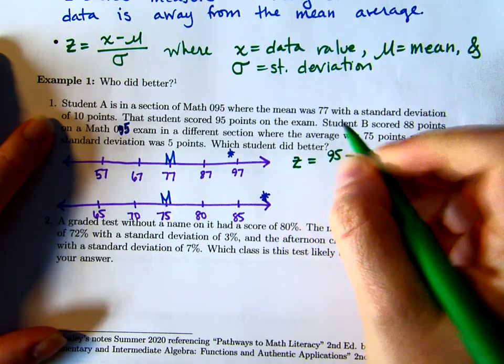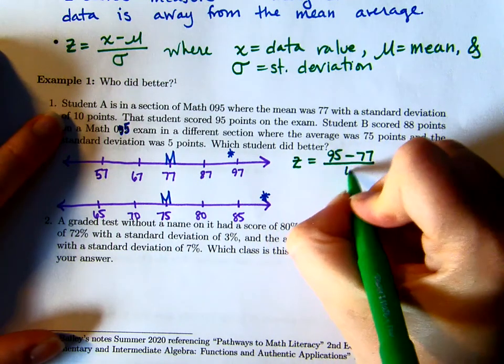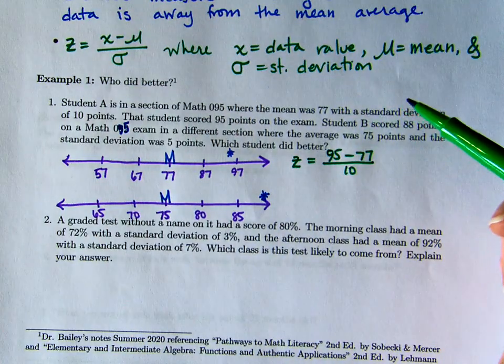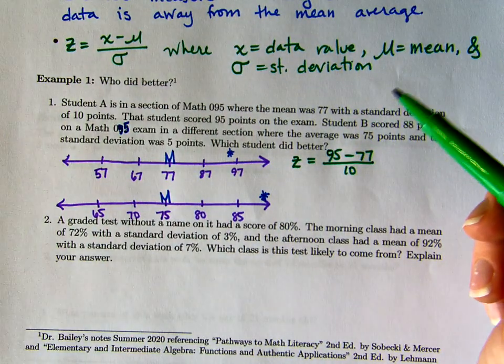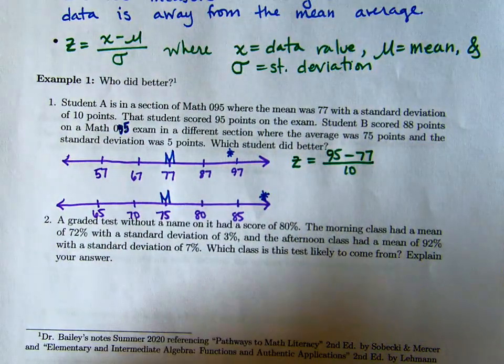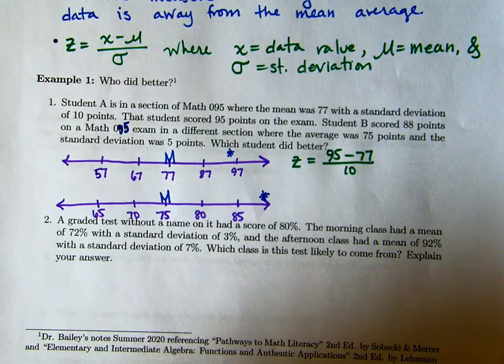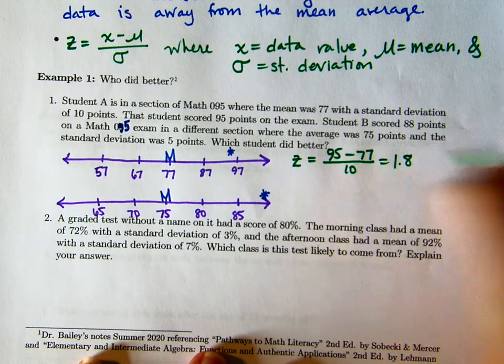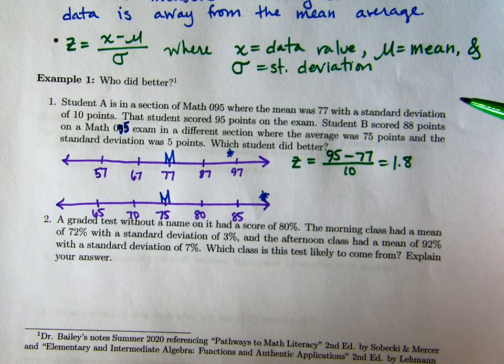The average was a 77. How many times does 10 go into that to count how many deviations they were above the average? Well, let's see. 95 minus 77, that's 18. 18 divided by 10. They were 1.8 standard deviations above the average.